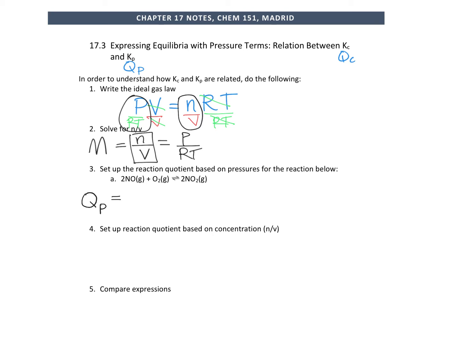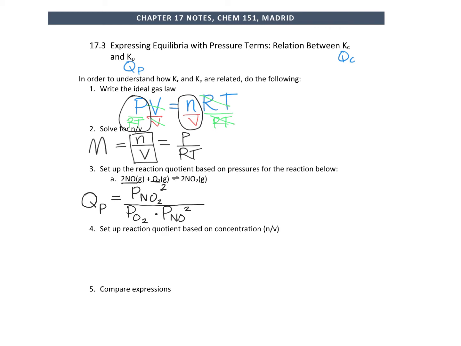So instead of brackets, I'm going to put the partial pressure of the product, NO2, squared, because of this 2 right here, divided by the partial pressure of O2 times the partial pressure of NO squared. That's the expression.